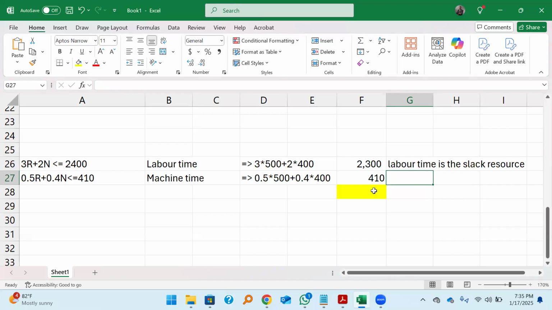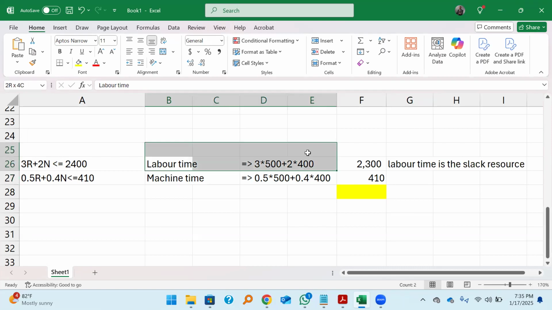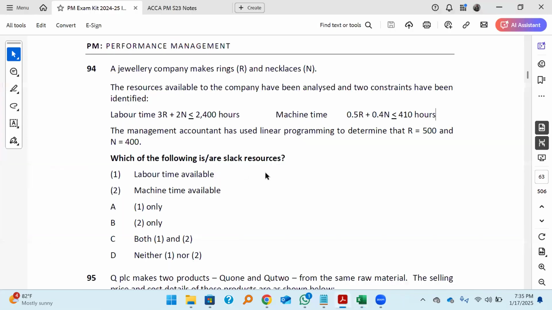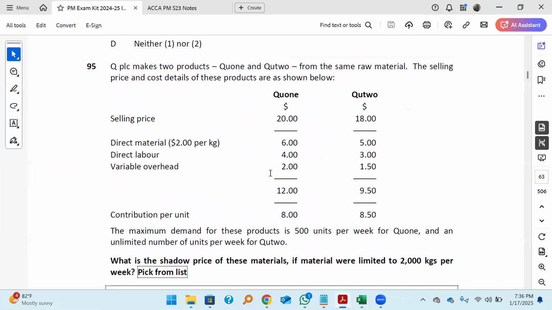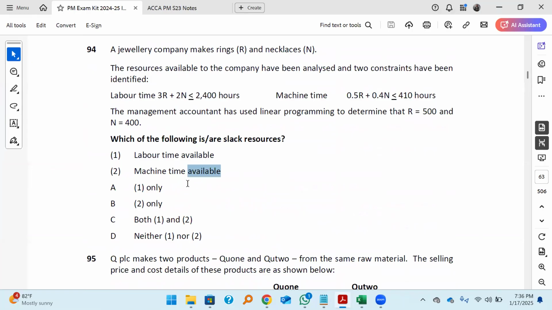On the other hand, machine time is the limited resource, because what we have and what we need is exactly the same. Therefore, we can't afford to spend any more time on the machine. So this one is the limiting factor, and this one is the slack resource. So our answer is A on this one.